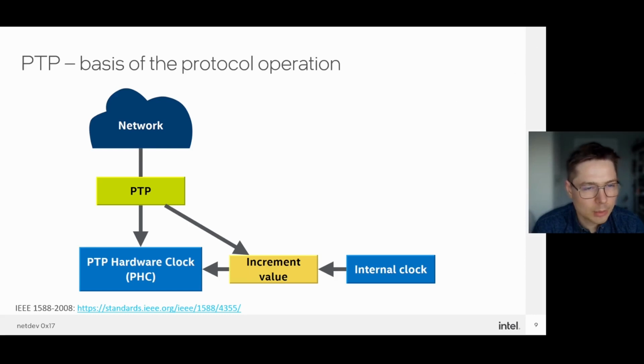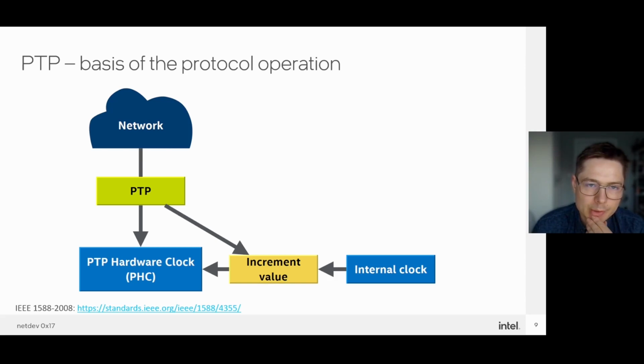So how does the precision time protocol work? In general, PTP followers communicate and exchange information with the leader through the Ethernet network. A PTP follower can do two actions to synchronize the hardware clocks. The first action is that it can set the values of the clock directly, and the second action is to adjust the frequency of the clock by tweaking the increment value.